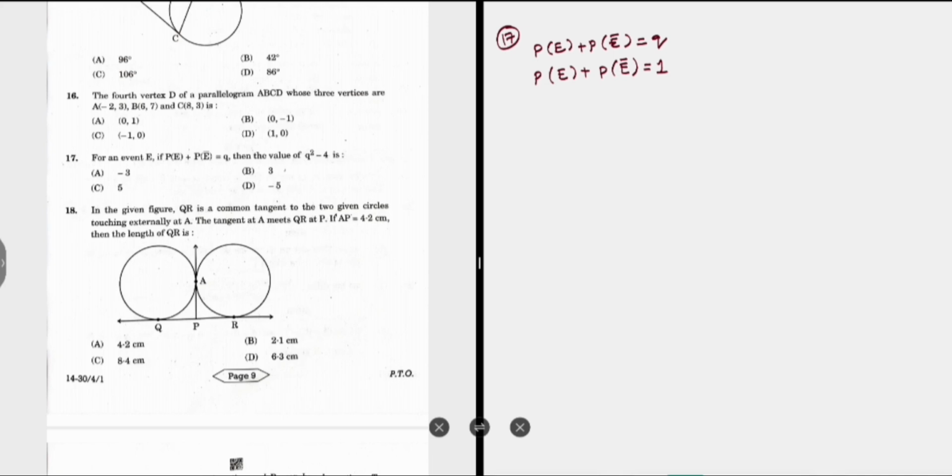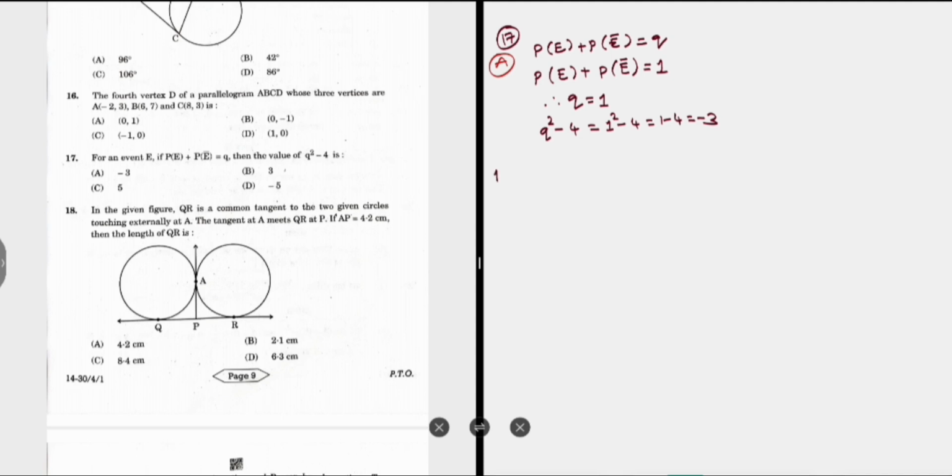By this we should understand Q is equal to 1. And here they are asking to find Q square minus 4. So 1 square minus 4, which is 1 minus 4, that is minus 3. Which option is minus 3 here? Option A is minus 3. So the 17th question answer is A.